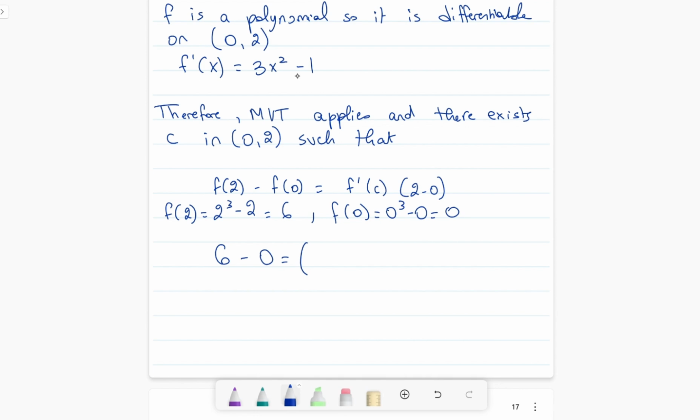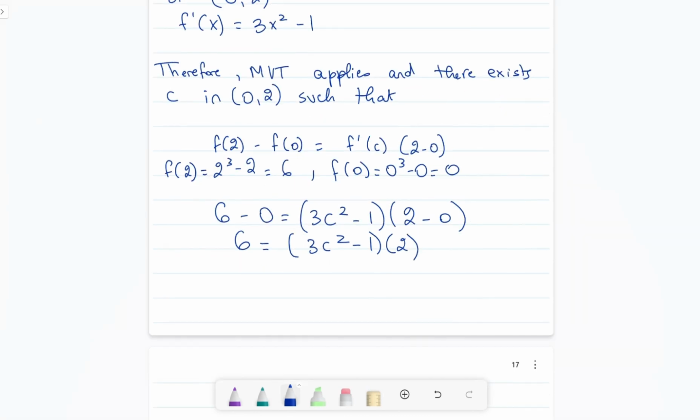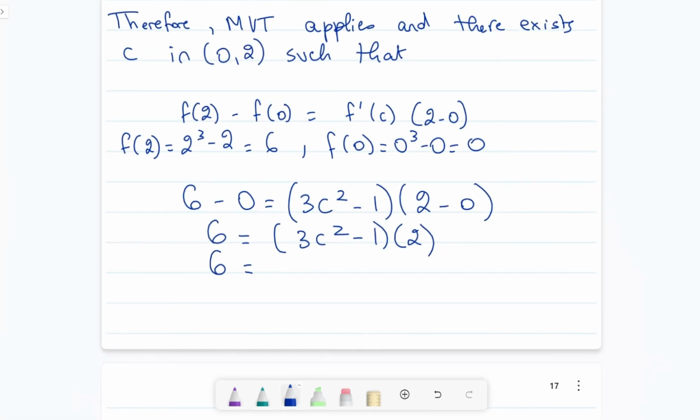So if f prime of x is 3x squared minus 1, then f prime of c is 3c squared minus 1. And we multiply this by 2 minus 0. So we can write this as 6 equals 3c squared minus 1 times 2. And now let us multiply both terms by 2.